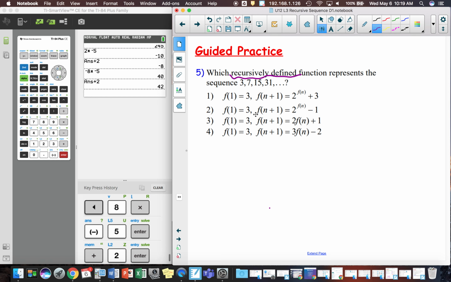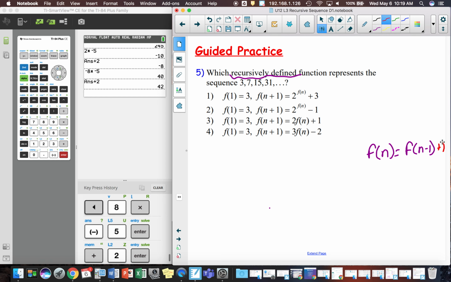Now, look at this extra part over here. They changed something around. And I'm curious how many of you guys noticed that something is changed around. Instead of having f of n equals, let's say, f of n minus 1, and then plus something at the end.